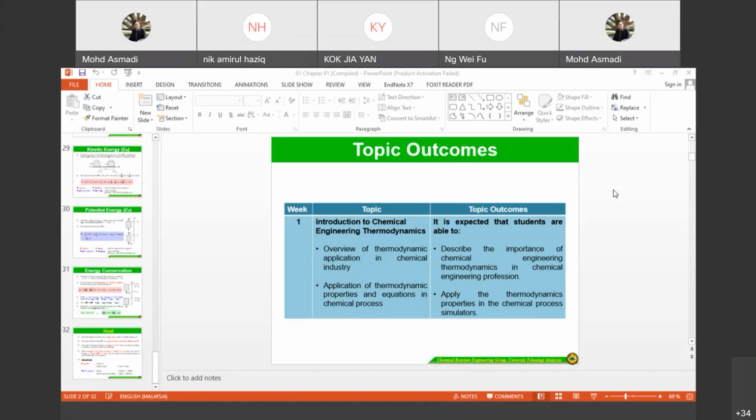Real condition means high temperature and high pressure. So you have to consider pressure. In a power plant it will be high, 600, 500, pressure more than 5 bar. So if you use the ideal gas equation, your value will not be accurate, it will be off.